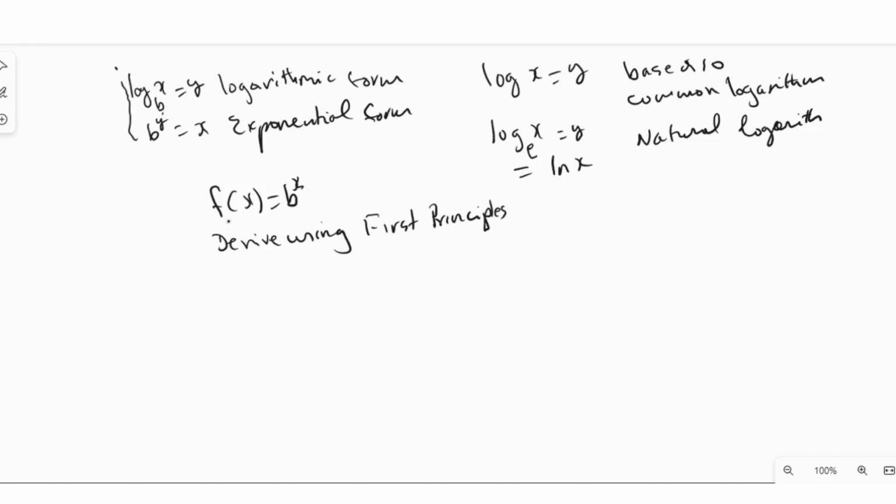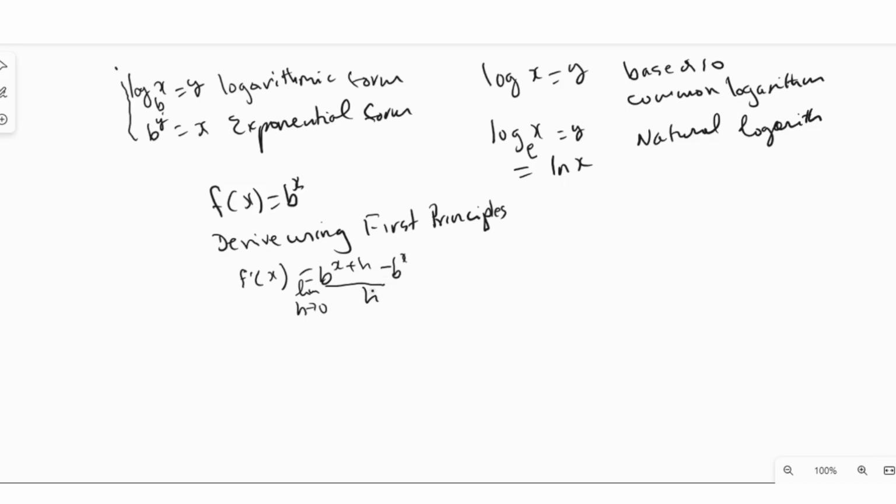So we'd like to derive today f(x) equal to b to the power x. First, let's derive it using the definition of derivative or using the first principles. So f prime x, the derivative of that, using the first principles, is the limit as h approaches 0 of b to the power of x plus h minus b to the power x, over h.